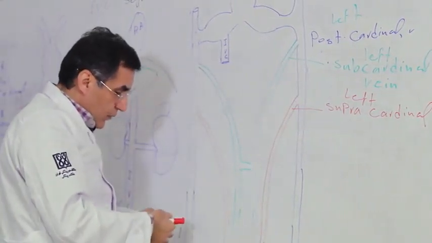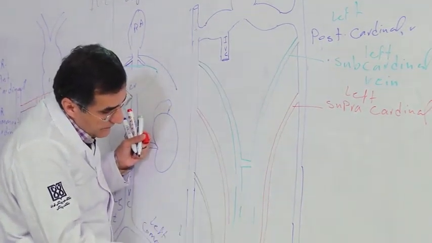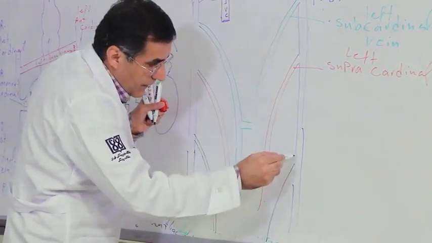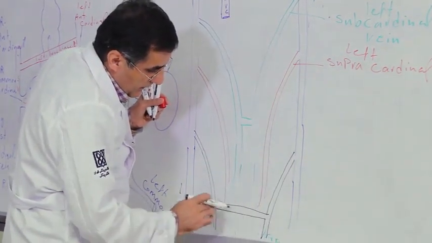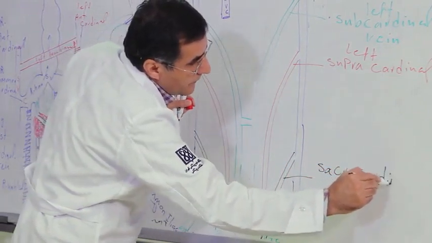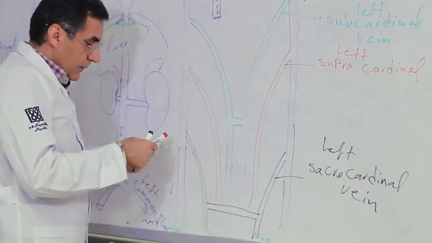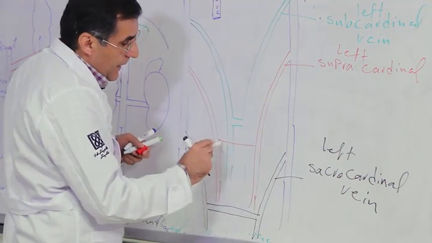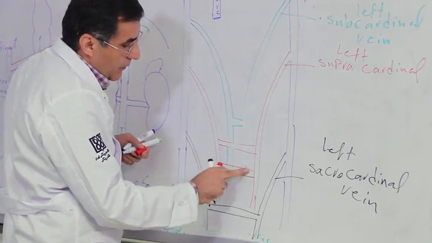Okay, the last vein system found is the sacrocardinal vein. A new vein is formed in the lower part. Again, here we have a communication. That new vein is the sacrocardinal vein, left. Between the right and left supracardinal veins, maybe we have one or two communicating veins, which is not important.